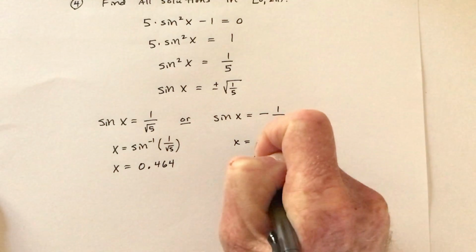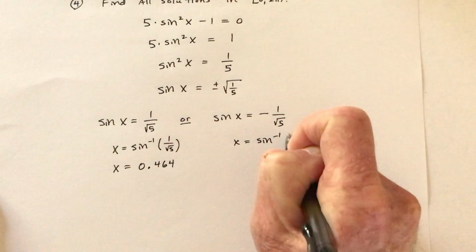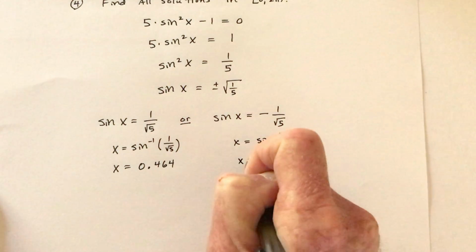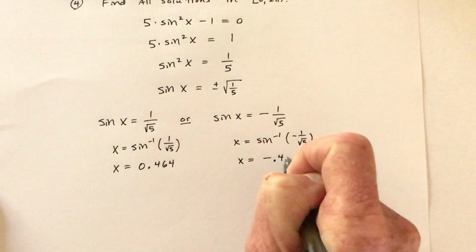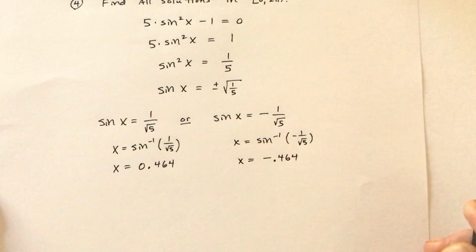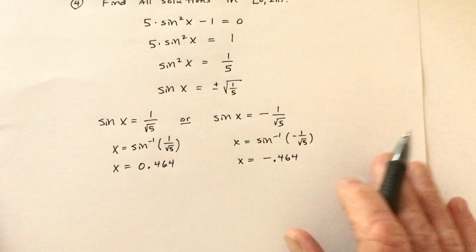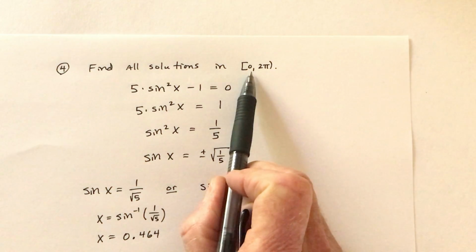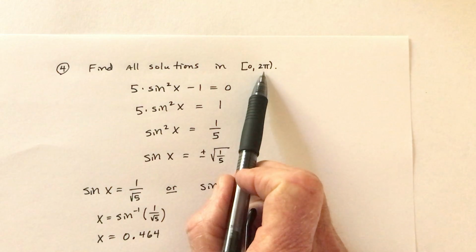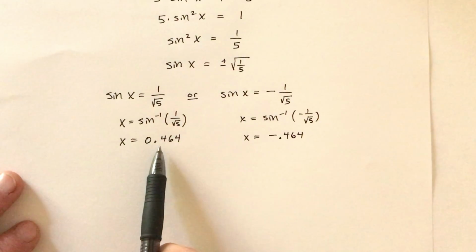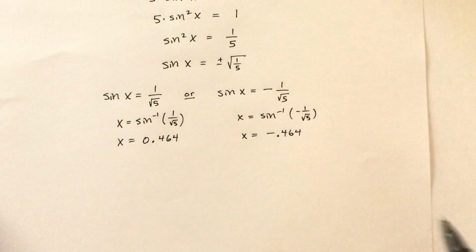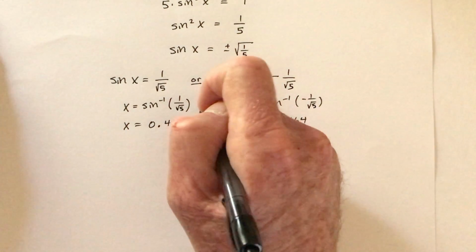And when I did sine inverse on this one, it gave me a negative 0.464. So far, we only have one of the four answers, because if you look at this, it's saying you're supposed to be giving positive answers and all answers between 0 and 2 pi. So this is going to be one of the answers. This at the end is not, but it's going to help us find two of the other answers.